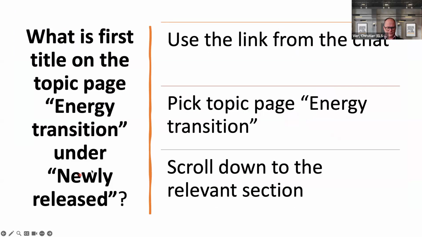And what I want to know is, what is the first title on the topic page energy transition under newly released? So what I just showed you for making sense of data, I want you now to do for energy transition and tell me the first title under newly released. So you use the link from the chat box, then you pick the topic page energy transition and you scroll down to the relevant section, newly released.